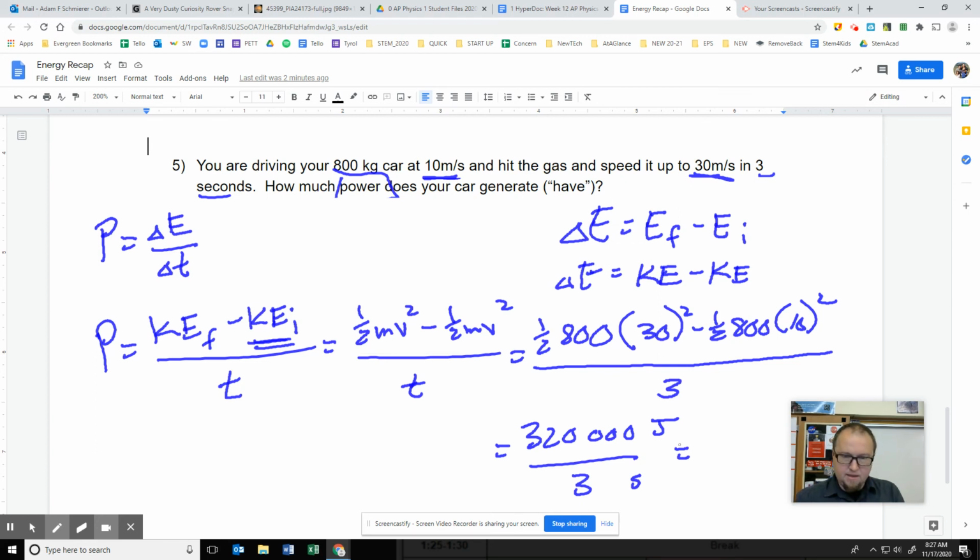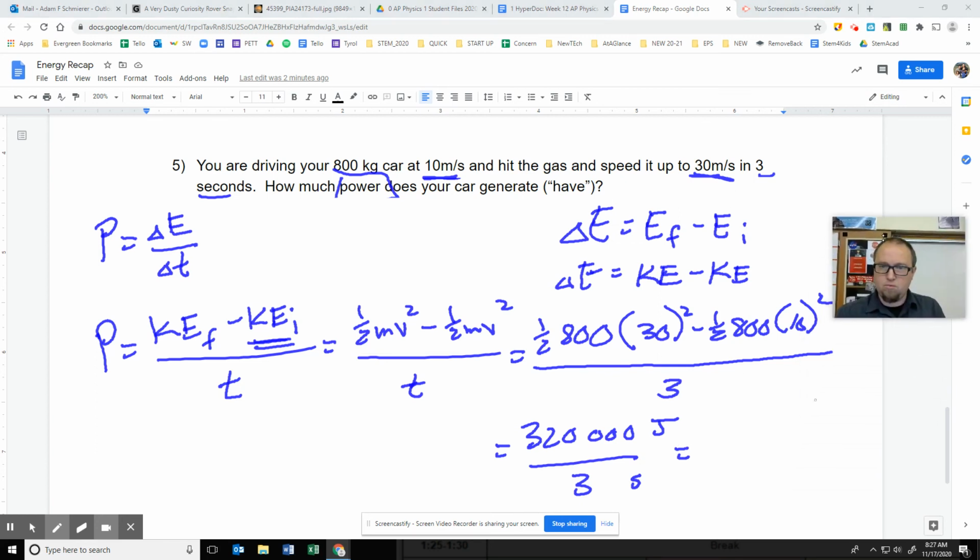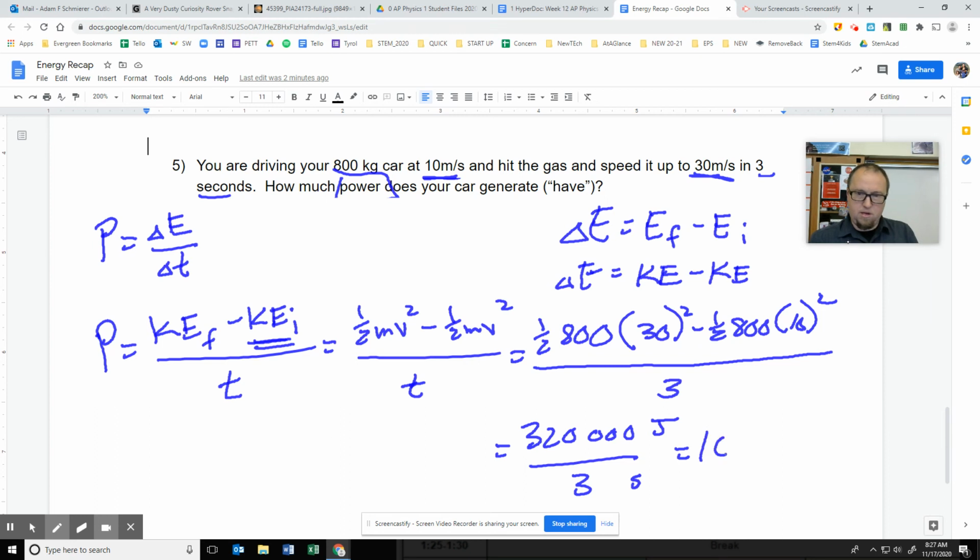I get 106, 107,000 watts. Which is about 142 horsepower. That's kind of like your normal sedan. So I tried to make a problem that was actually accurate. So that's what power is. It's in watts, 107,000 watts. So just like those things in your wall, those are light bulbs.